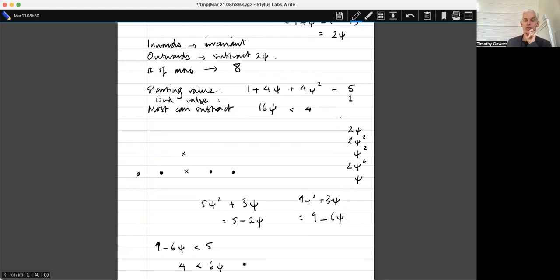And 6 psi is at least as big as 6 times 1.6, which is 9. Oh, that's easy. Sorry, that's obviously true. But I didn't. I wanted it to be 4.